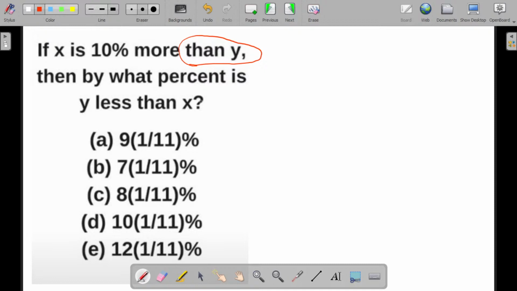Then by what percentage is y less than x?